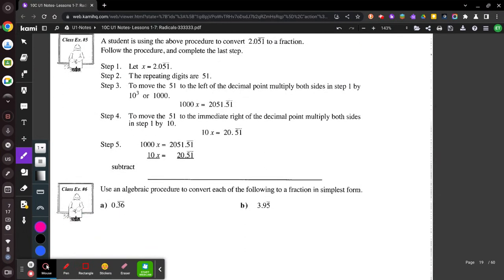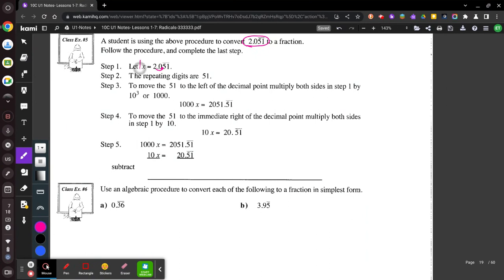So here's an example. I want to convert this number to a fraction. It says let x equal your original number. But you want the repeating digits to be right beside the decimal point on the right, so I actually have to move my decimal there. If I move my decimal to the right, that means I'm multiplying by 10.